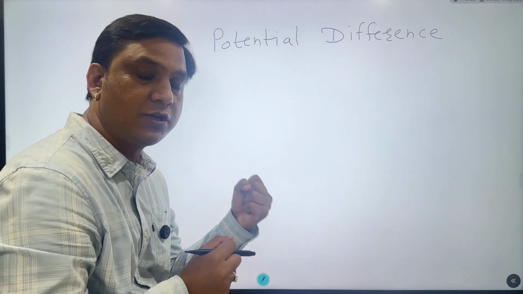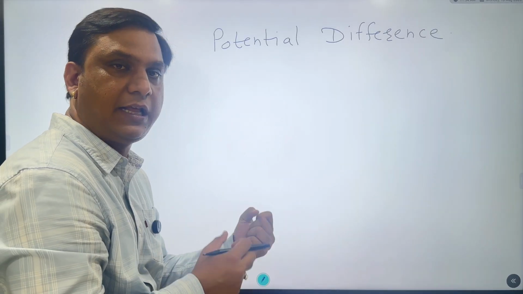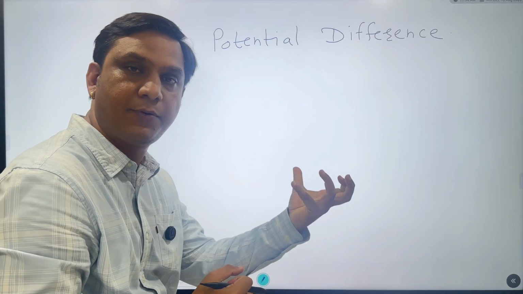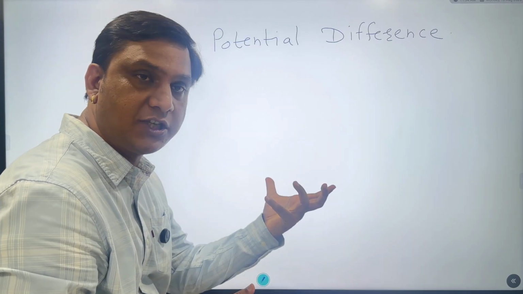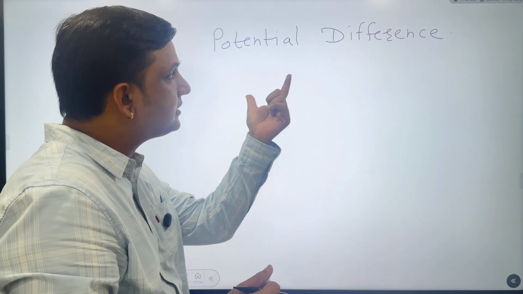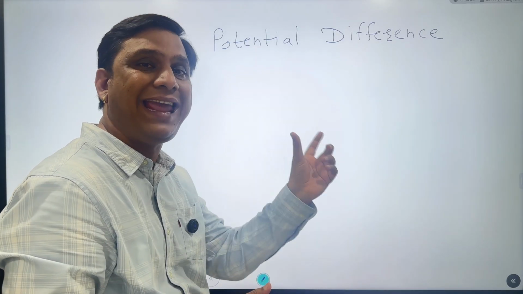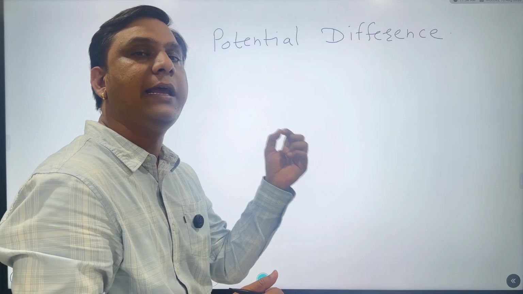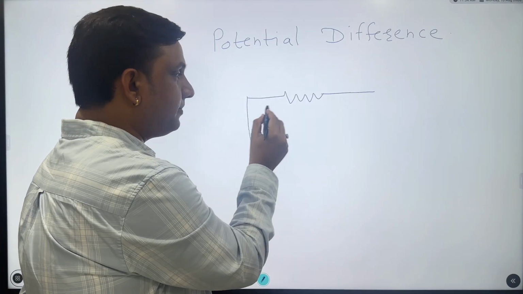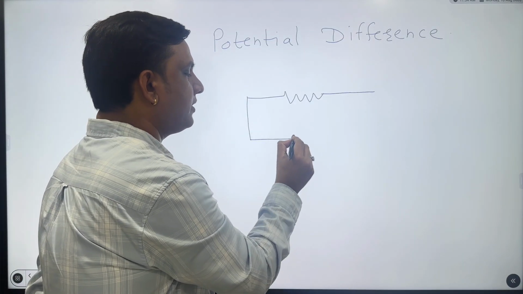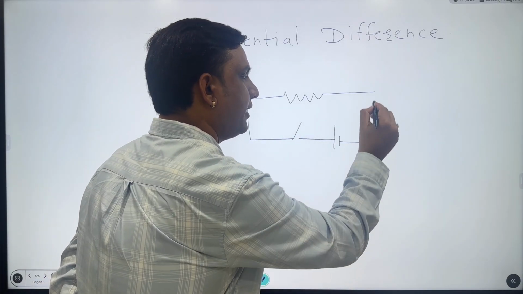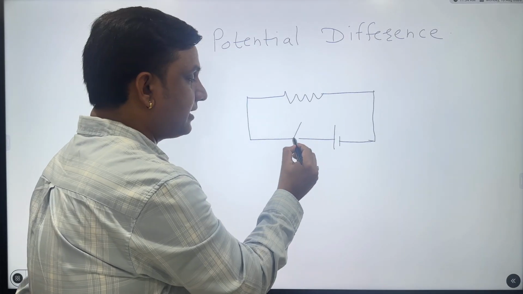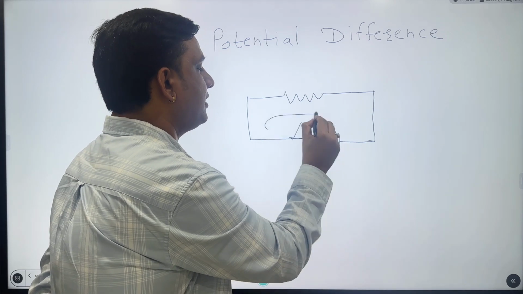Now, if you understood what potential is, then we have to understand the potential difference. As the word gives us the idea, what is this potential difference? It is the difference between the potential of any 2 points in the electric circuit. So if there is an electric circuit having one resistance, one switch, and a battery connected over here, whenever the switch is closed, the current is flowing.